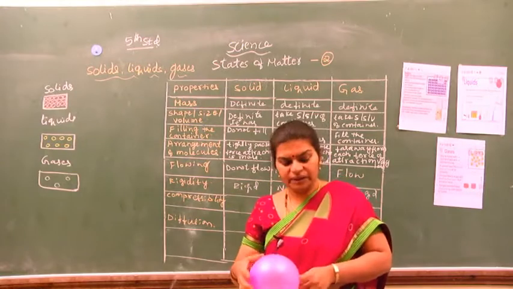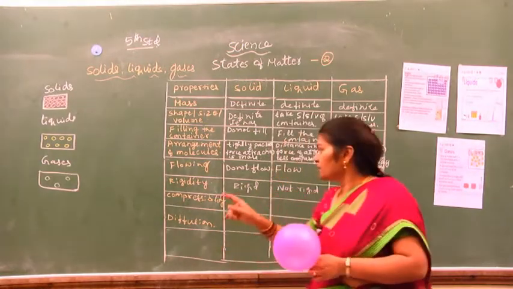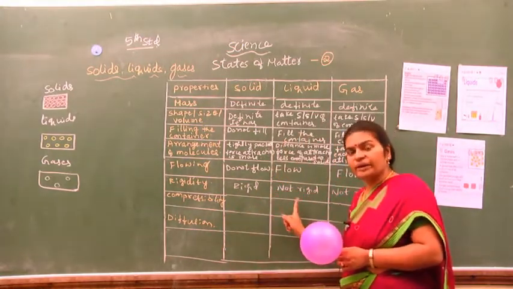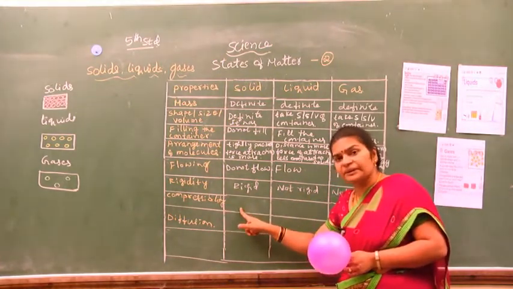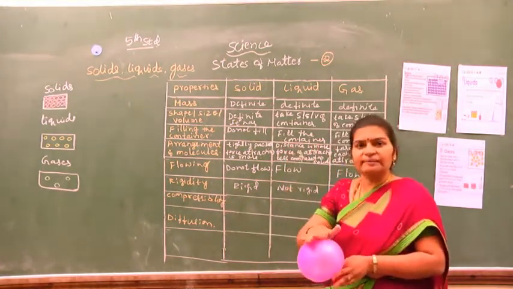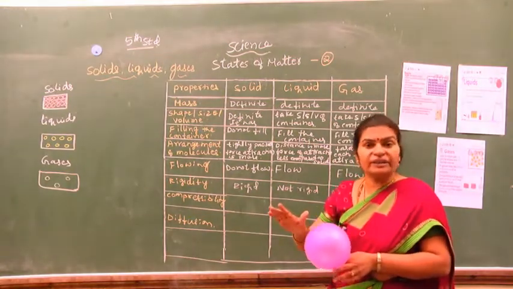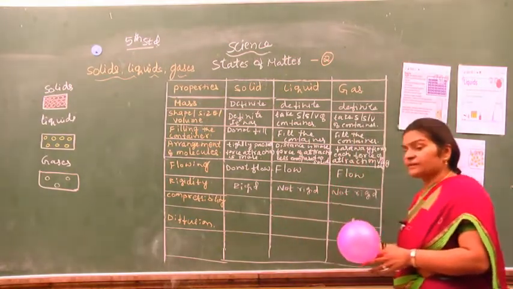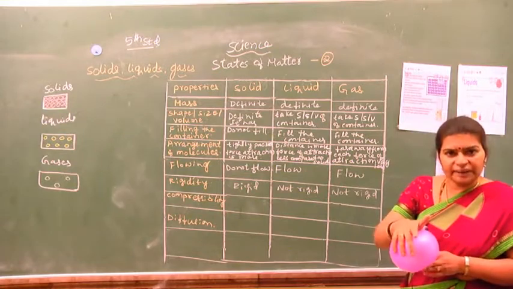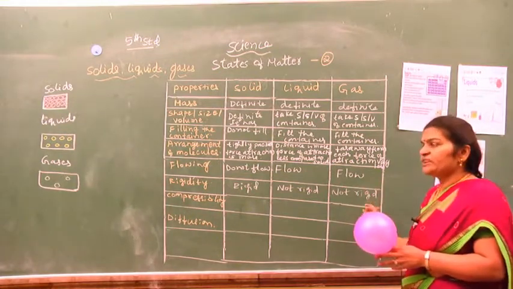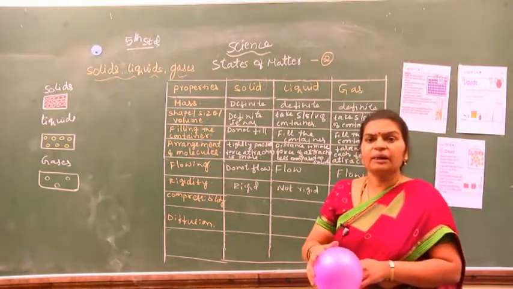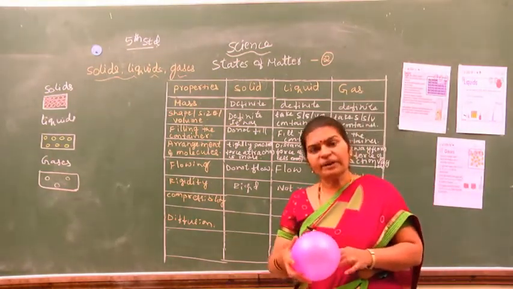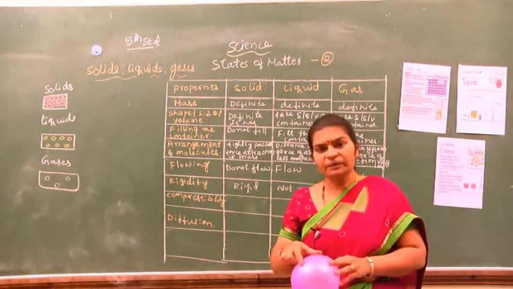Because of that, solids and liquids do not have the property of compressibility. When pressure is applied, they do not change. But in case of gases, when we apply the pressure, they change their shape or volume.